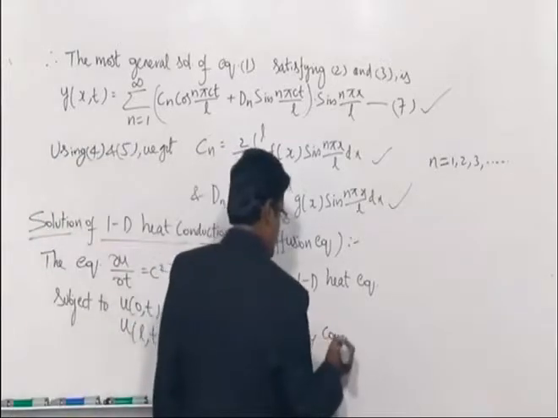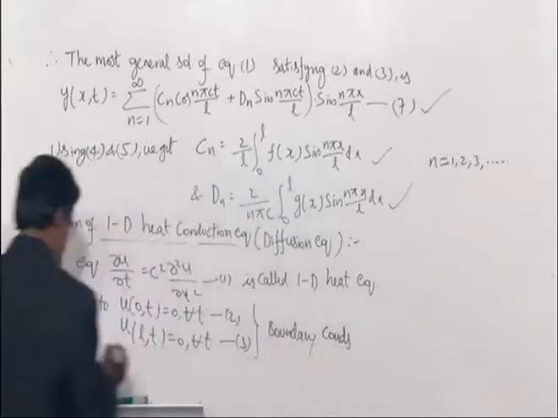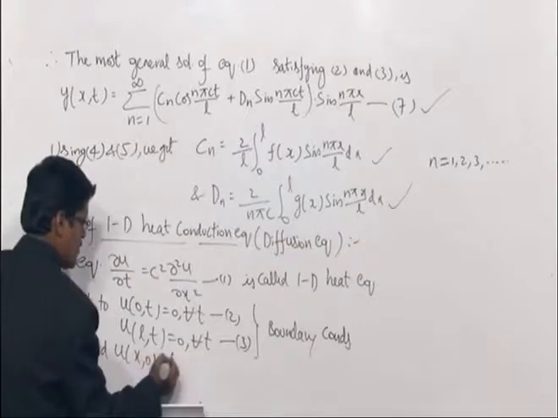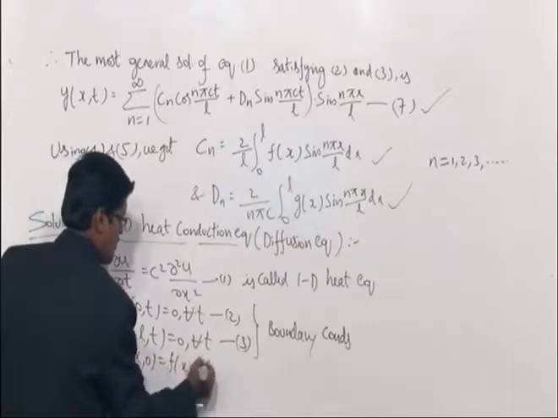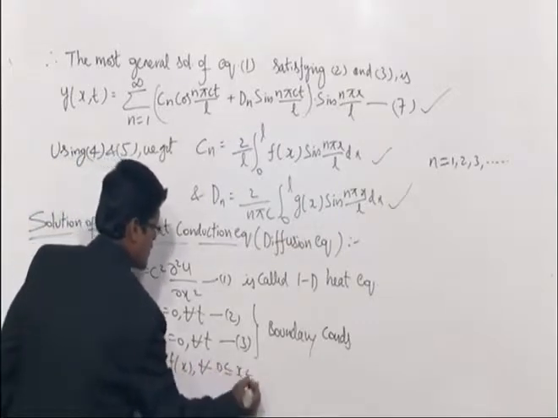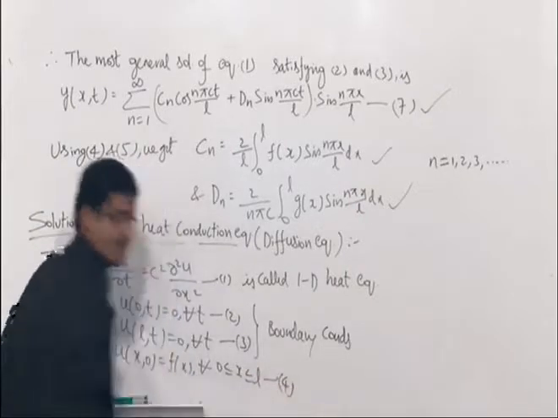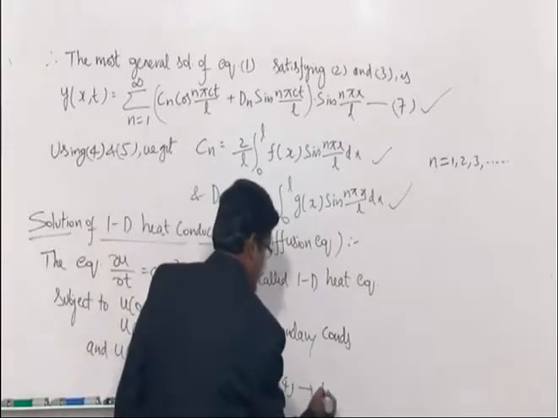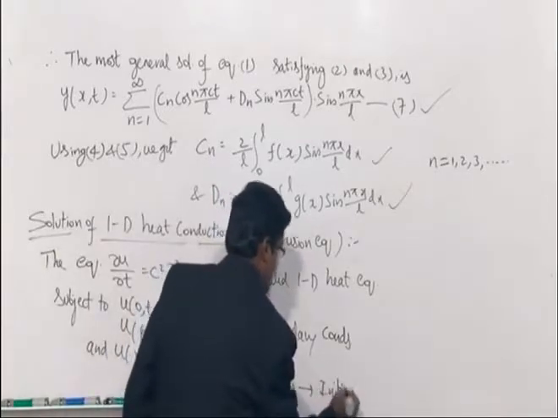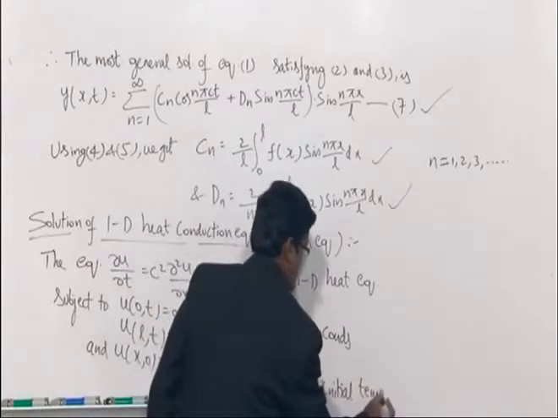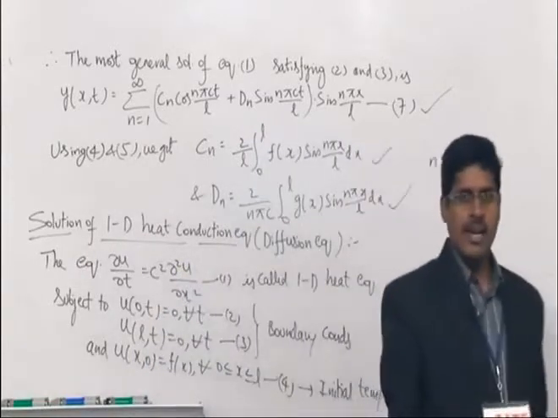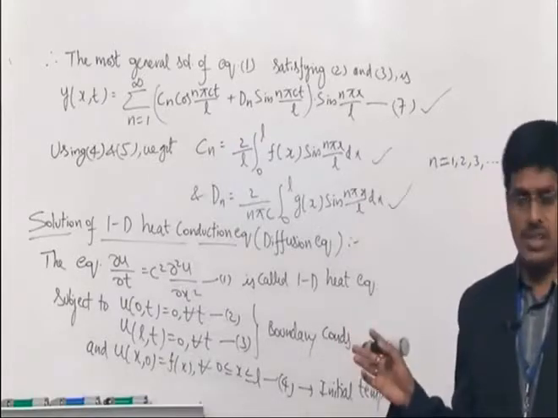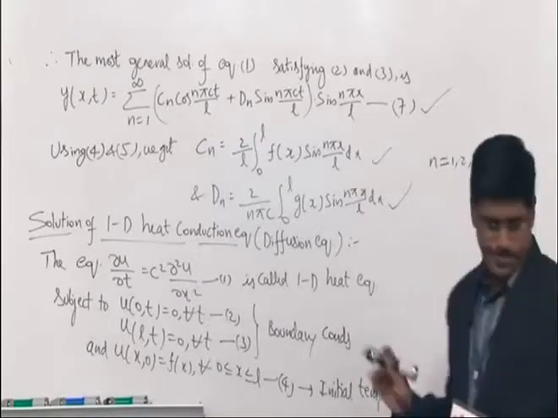And the initial temperature: u of x comma 0 is equal to some f of x throughout the rod for all 0 less than or equal to x less than or equal to L, equation 4. This is the initial temperature of the rod. Learn equation 1 by heart; the conditions are given in the problem only. Equation 1, the solution and the most general solution, for every topic.